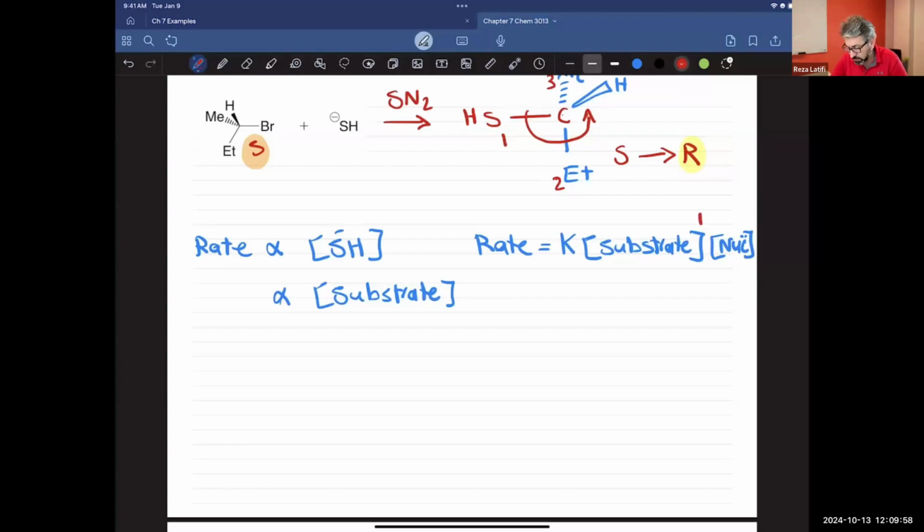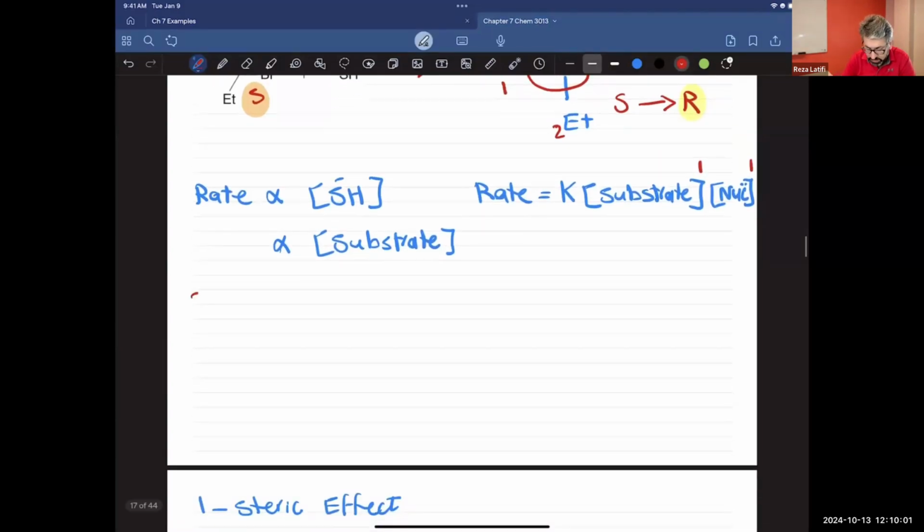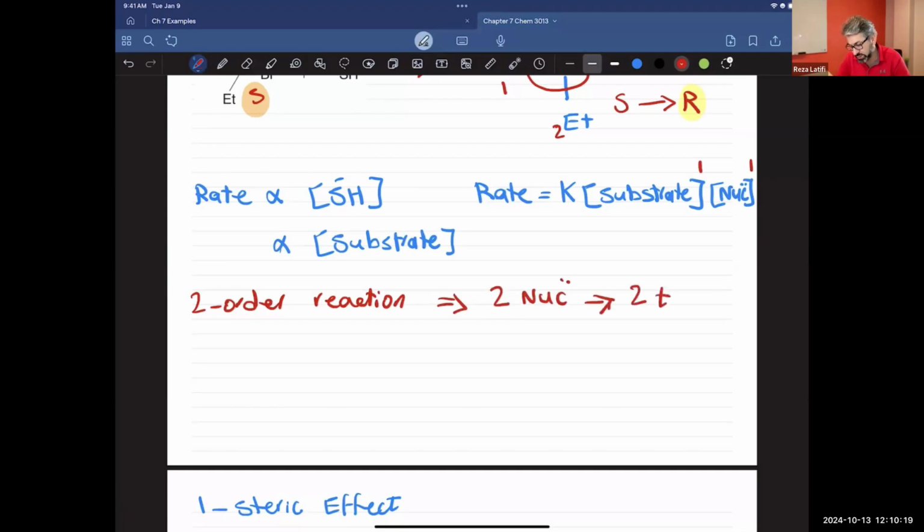Sorry, and from each I have 1, 1. So this reaction is a second order reaction. Because it's second order, if you double the concentration of, for example, the nucleophile, then the rate will be 2 times faster.